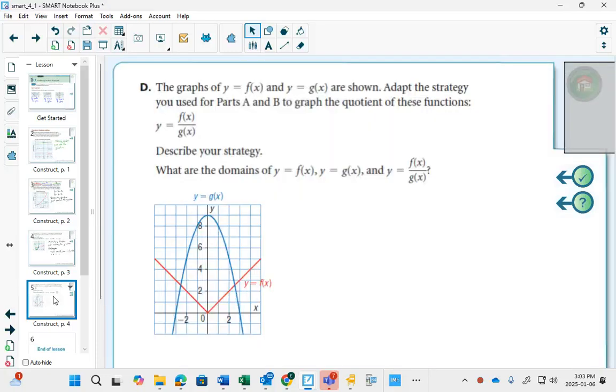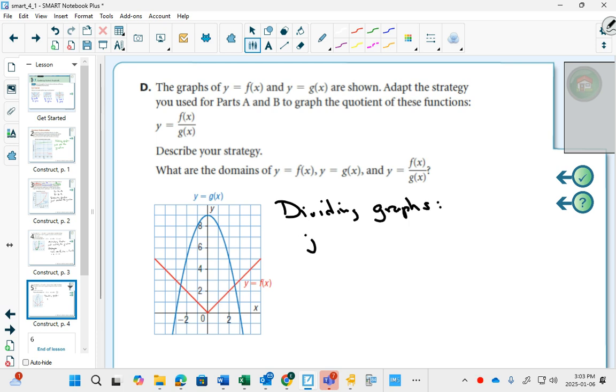The basic strategy is the same. I love when the basic strategy is super easy, but things get more complicated when you divide. Like, you have certain things you're not allowed to divide by.